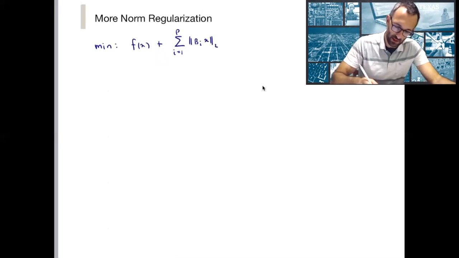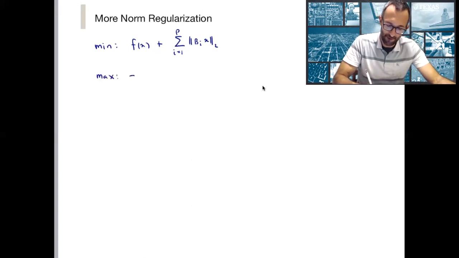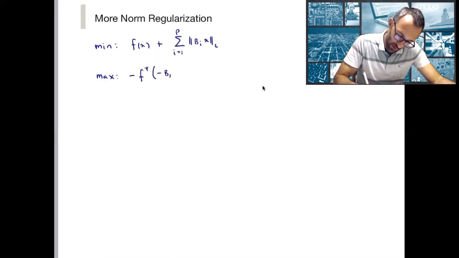So the dual again is maximizing minus f star of minus b1 transpose z1 minus b2 transpose z2, and so on.